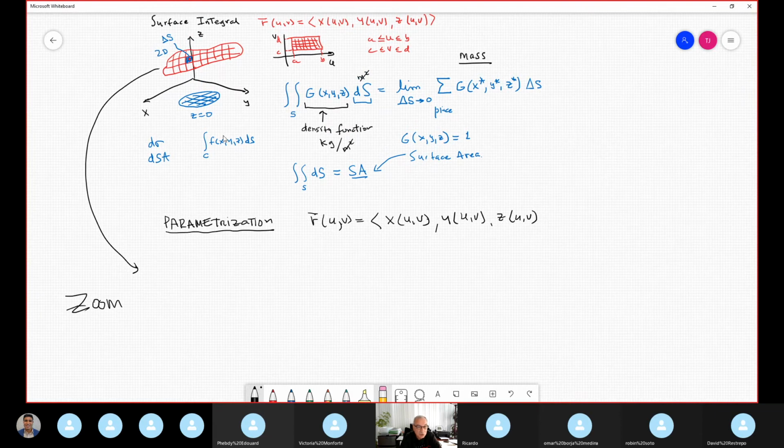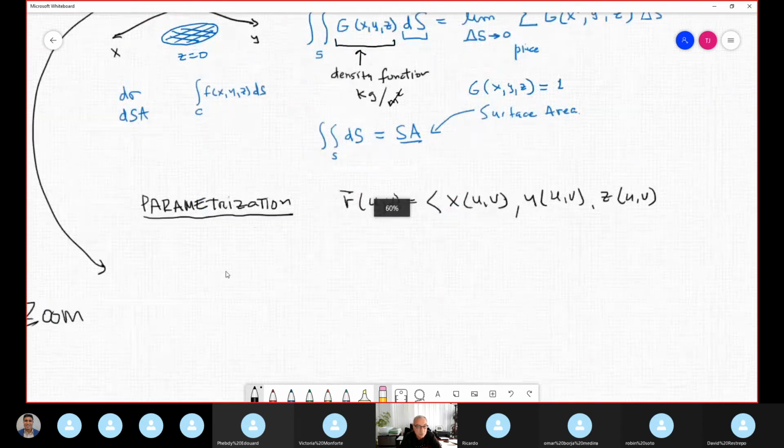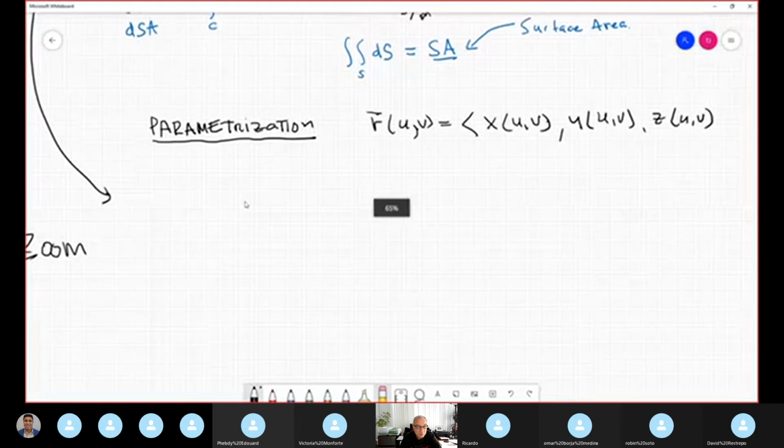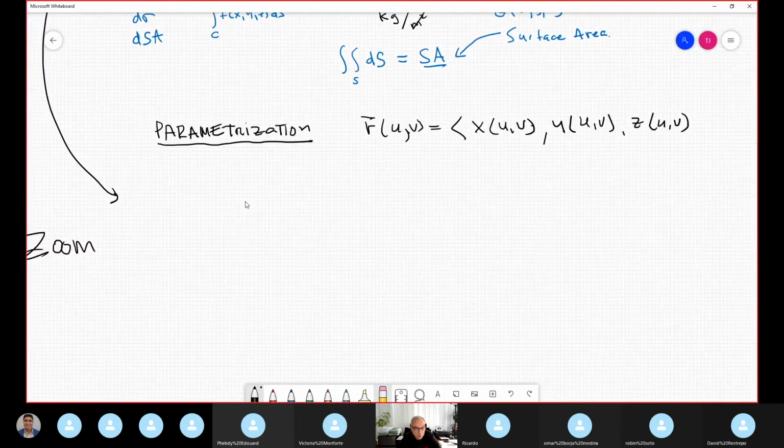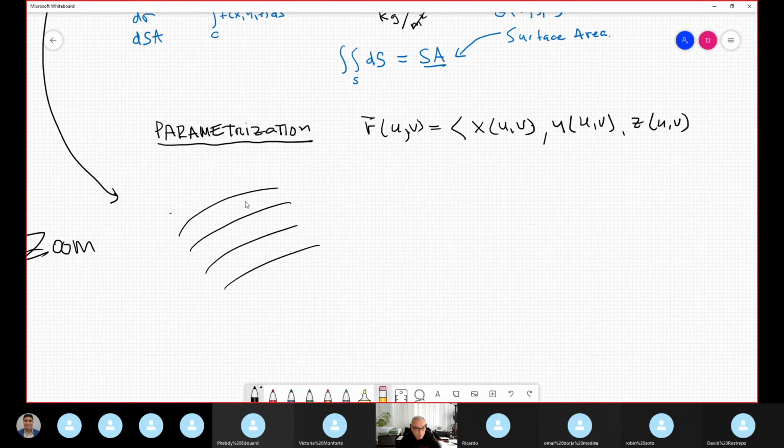Then I see in this zoom a lot of lines like that. And like that. And this corresponds perfectly to the one domain of this.